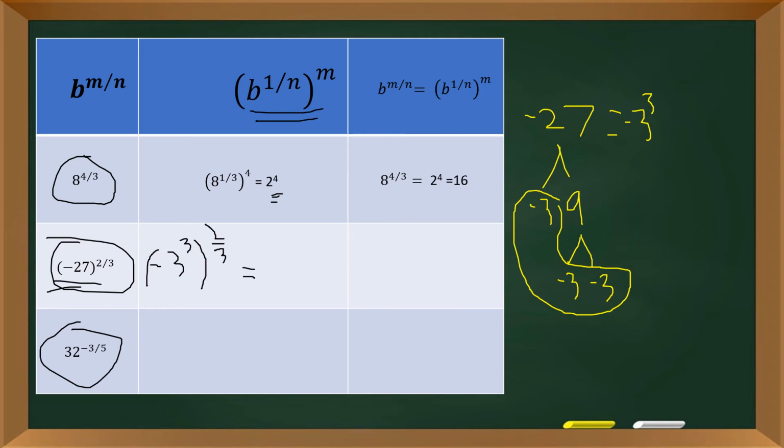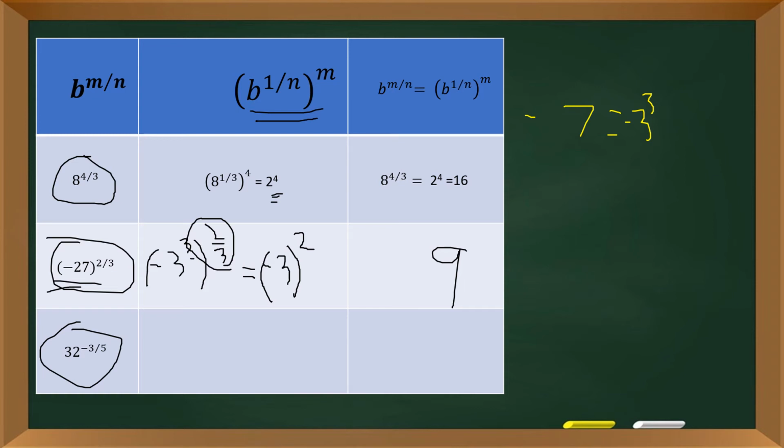By multiplying the power with the other power outside the parentheses, you get negative 3 raised to 2. But negative 3 raised to 2 is equivalent to negative 3 times negative 3, which is 9. So the answer 9 shall be put under the third column. Okay, so let's move on to the third row.